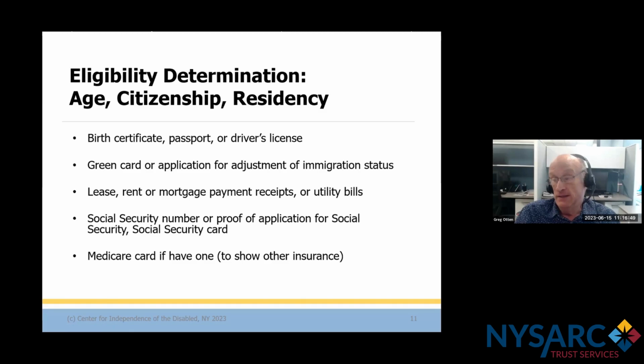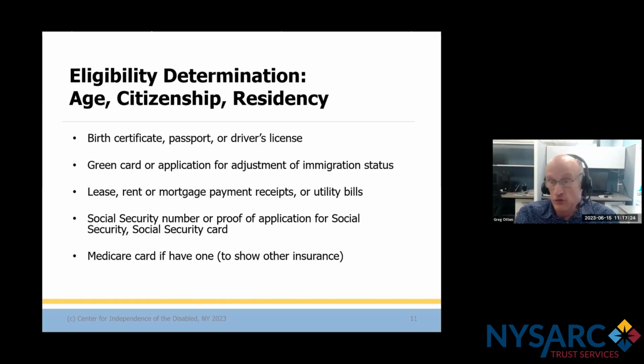Documentation for citizenship or immigration status could be a birth certificate, passport, driver's license, green card, application for adjustment of immigration status. In other words, someone may not totally have a legal status, but they can document that they have applied to USCIS for a status, and the USCIS Immigration Service is not contemplating deportation. That is enough as far as immigration status to get Medicaid.